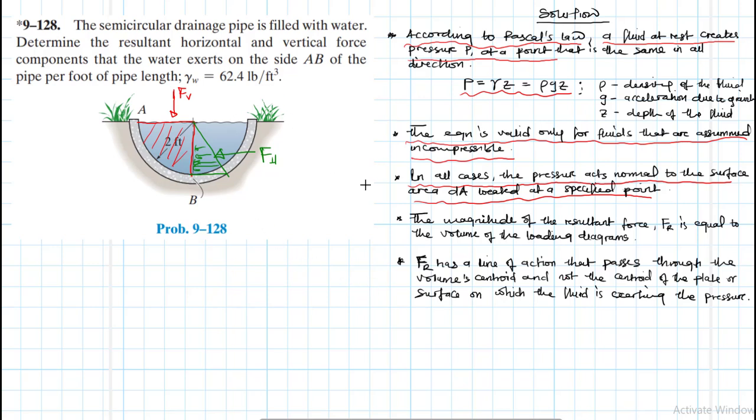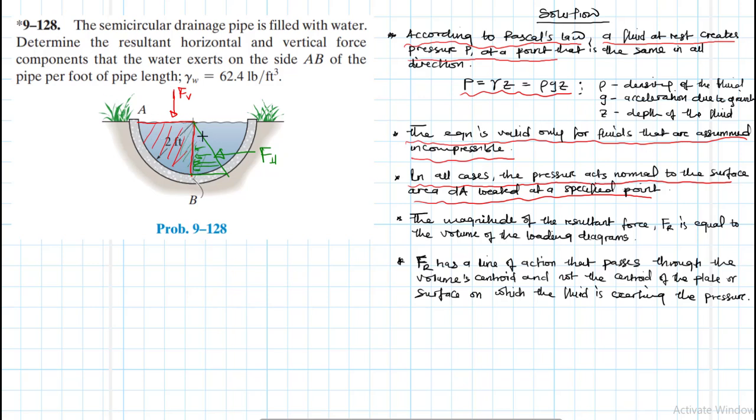The magnitude of the resultant force FR is equal to the volume of the loading diagram. So this is the loading diagram.